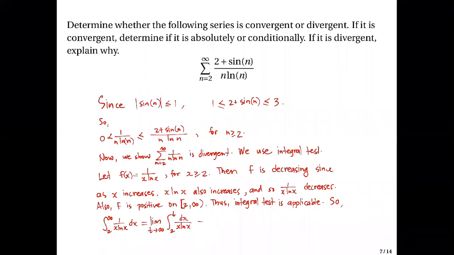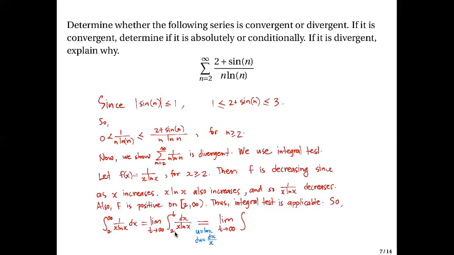And then in here, let's just write u equals ln of x, du equals dx over x. That will be the substitution that we will use. This is the limit as t approaches plus infinity of the integral.